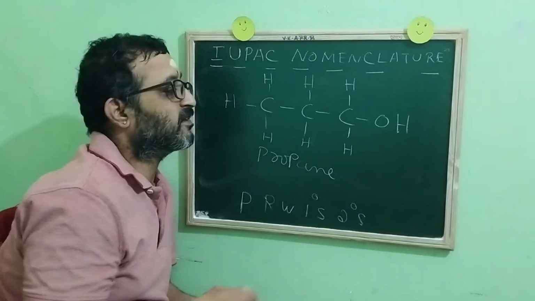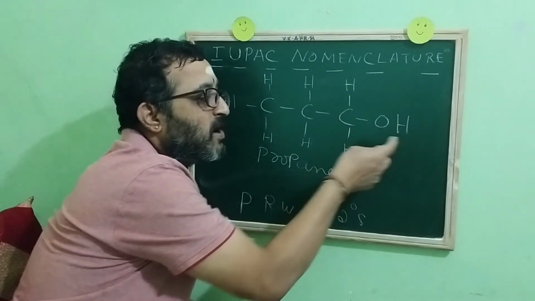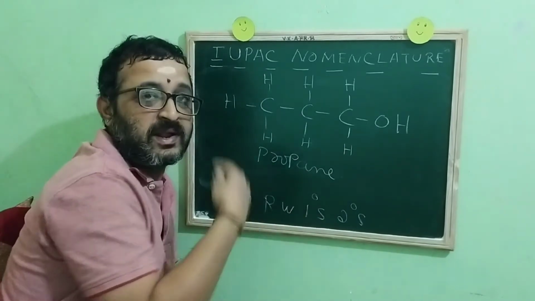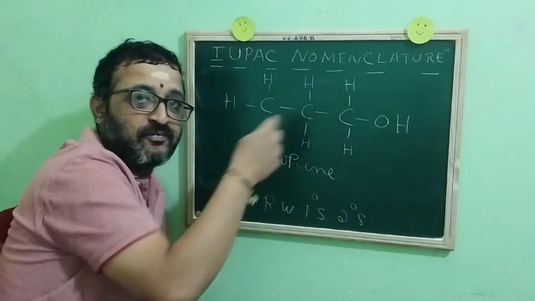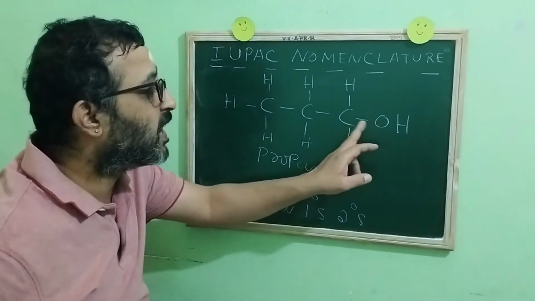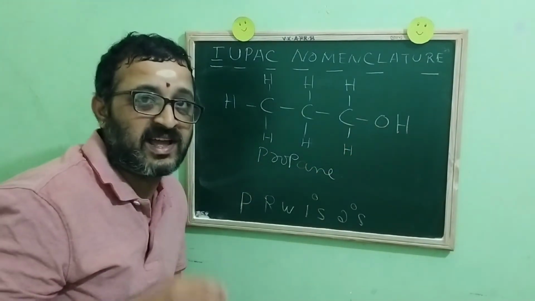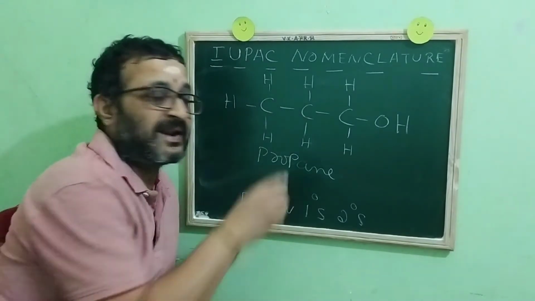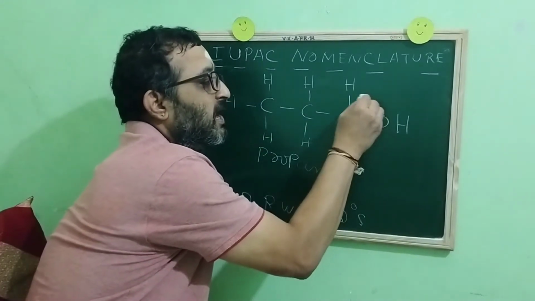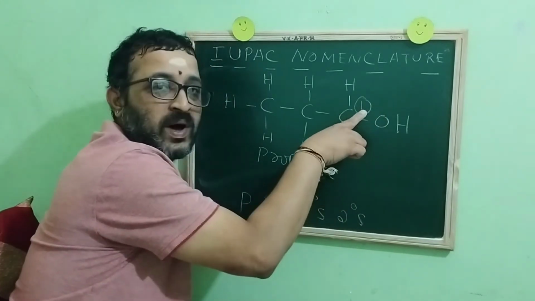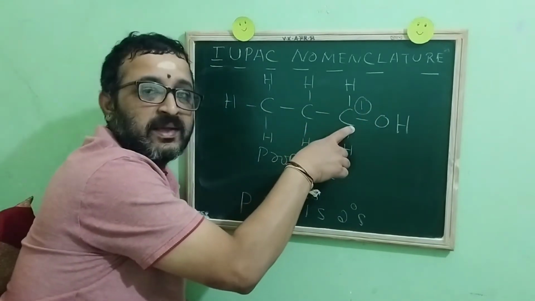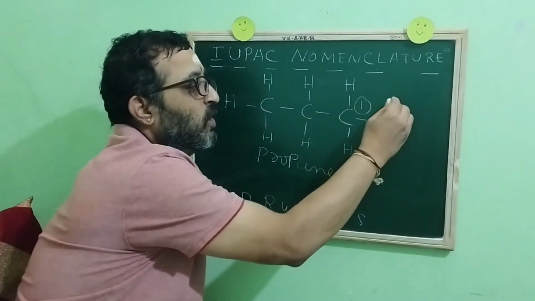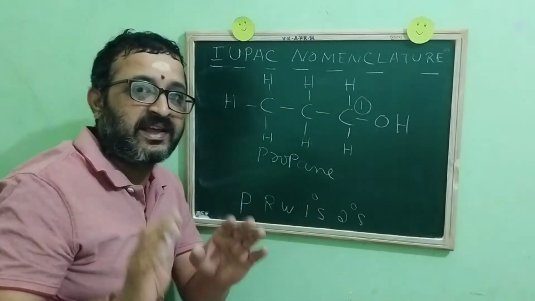Now the question arises, this is the carbon to which functional group is attached, right? As I already told, we can do the numbering from right to left and left to right, but the carbon to which functional group is attached has to be assigned with the lowest number in this case. So I'll number this as what? 1. From left side, this will be 3. So out of 3 and 1, which is least? 1. So right to left numbering is correct.